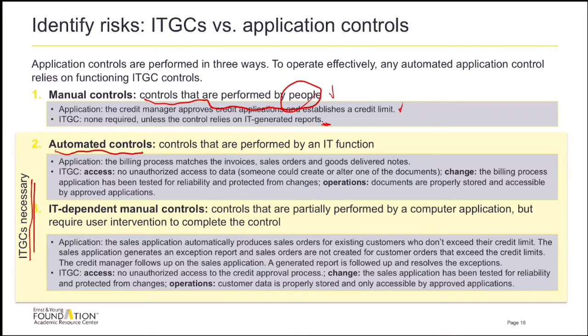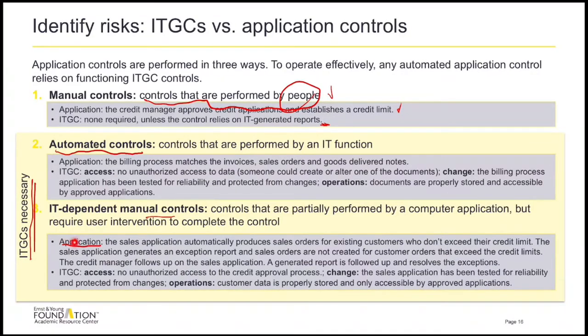Okay, third control, where ITGC is also necessary, are IT-dependent manual controls. These are controls that are partially performed by a computer application but require user intervention to complete the control. So for example, the sales application automatically produces sales orders for existing customers who don't exceed their credit limit.